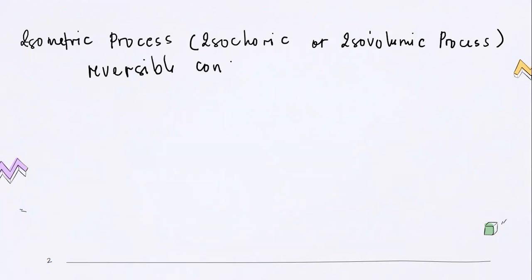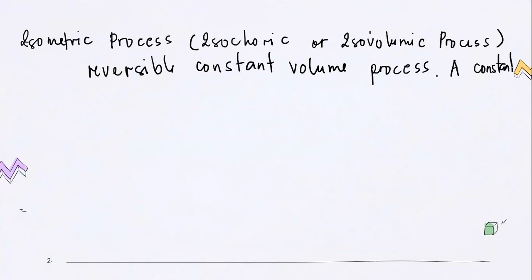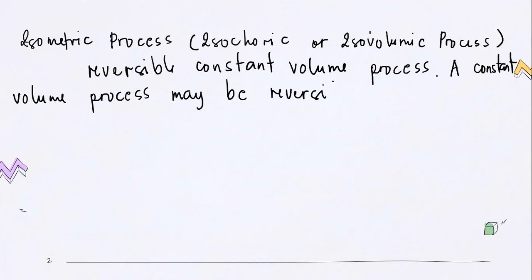constant volume process. A constant volume process may be reversible or irreversible process.